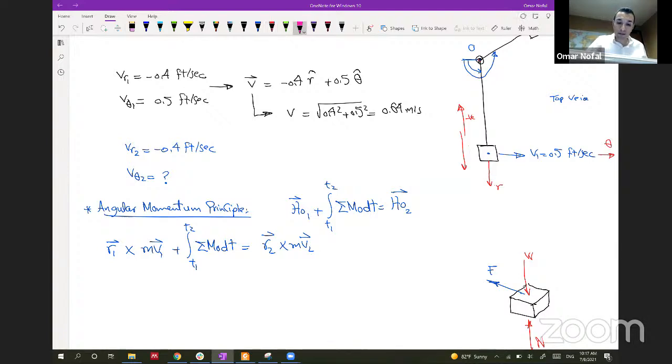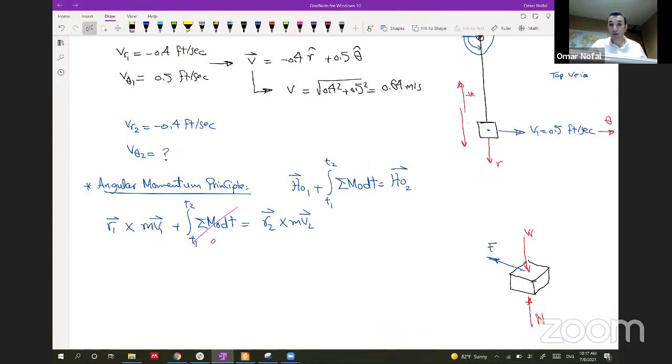All the moments in this problem will be equal to 0 because the weight and normal force exert moment outside the plane of the motion, and the force F passes through point O, giving us moment equal to 0.